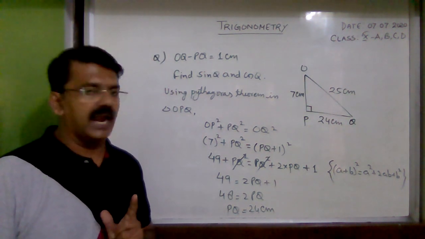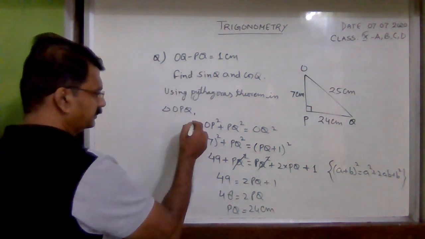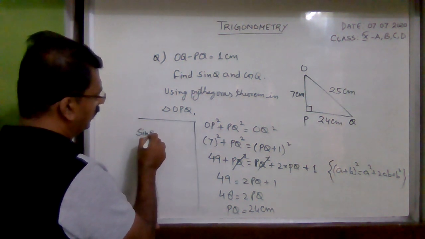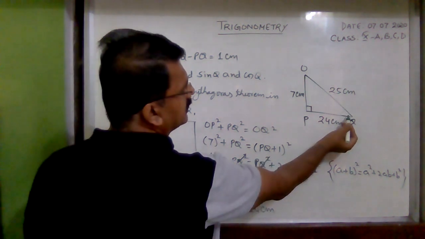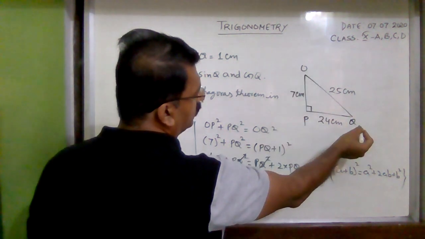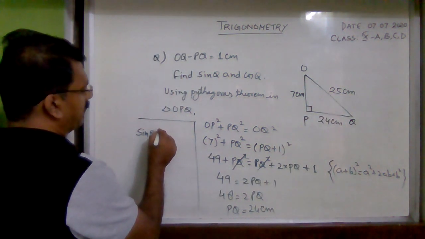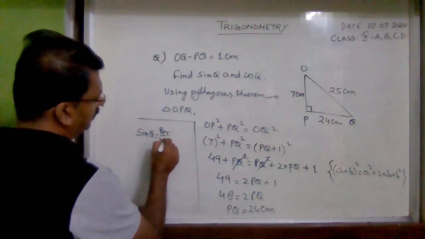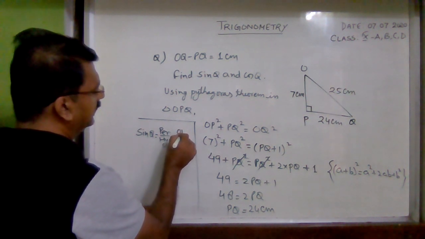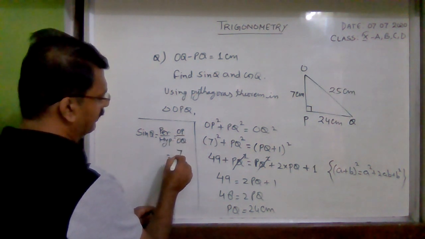And now we have to find sin Q. Now see, as Q is the reference angle, OP is the perpendicular, OQ is the hypotenuse, and PQ is the base. So sin Q is perpendicular upon hypotenuse, that is OP upon OQ, that is 7 upon 25.